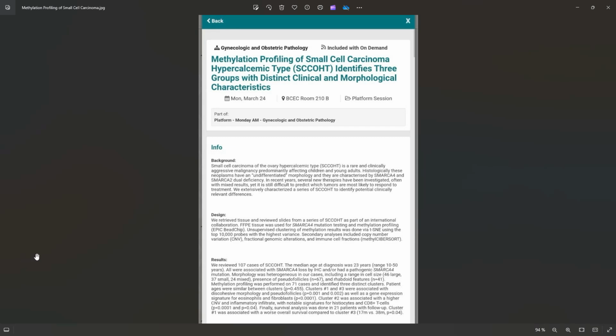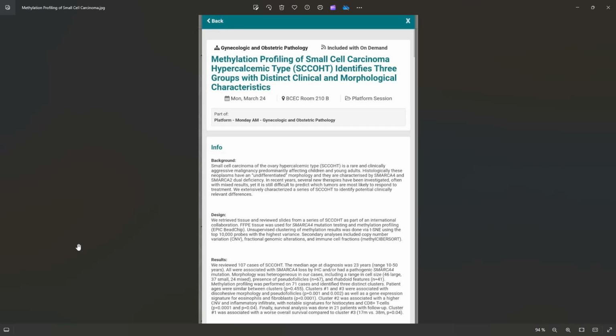One of the reasons I'm showing you this case is that according to recent research, and especially thanks to methylation profiling, it has been revealed that there are three different epigenetic clusters of this small cell carcinoma of the ovary hypercalcemic type.